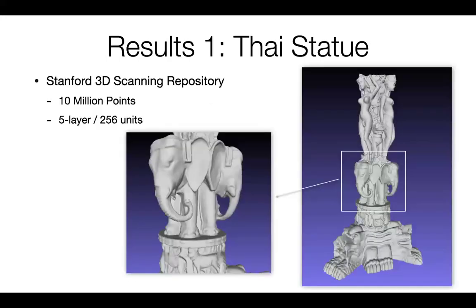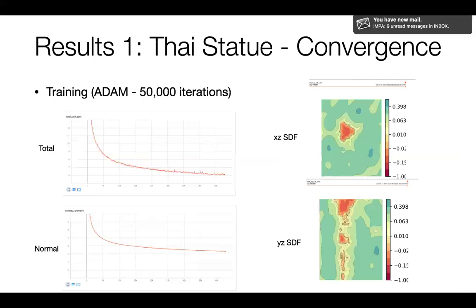And these are the results. Here we have this Thai statue that's a very detailed geometric model and has 10 million points. And the network that represents this is a 5-layer fully connected neural network with sine activations with just 256 units per layer, and it gives this geometric quality. And it trains very fast.